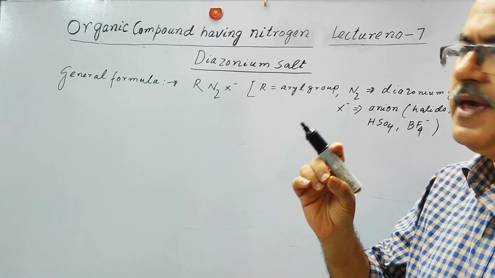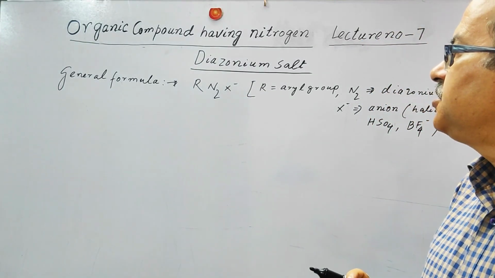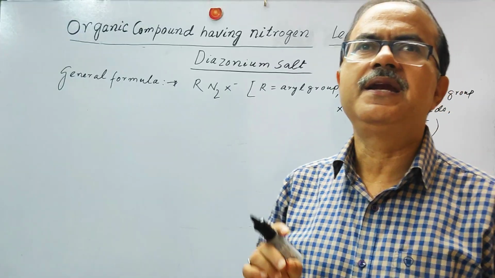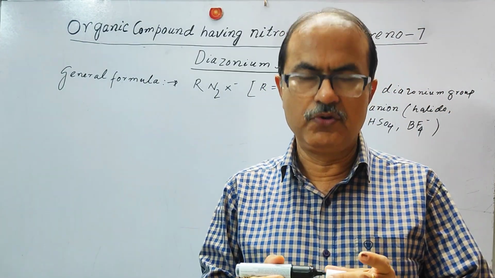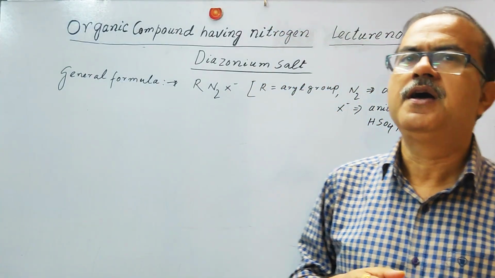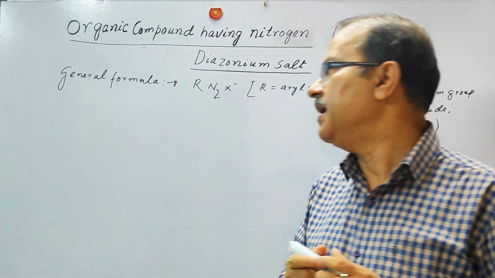Now how do we name the diazonium salt? It is named by suffixing diazonium to the parent hydrocarbon from which the salt is prepared, followed by the name of the anion.